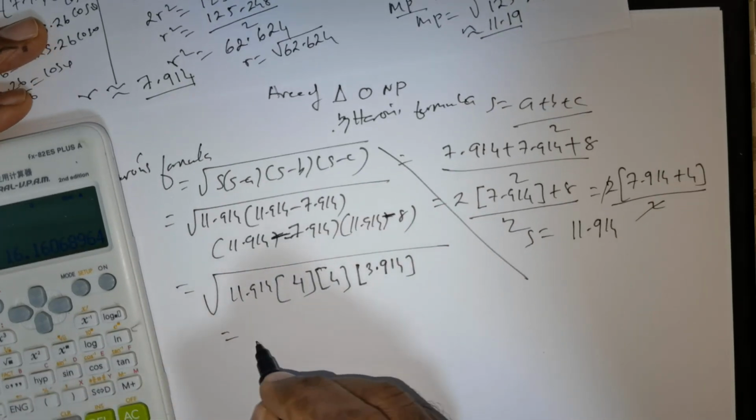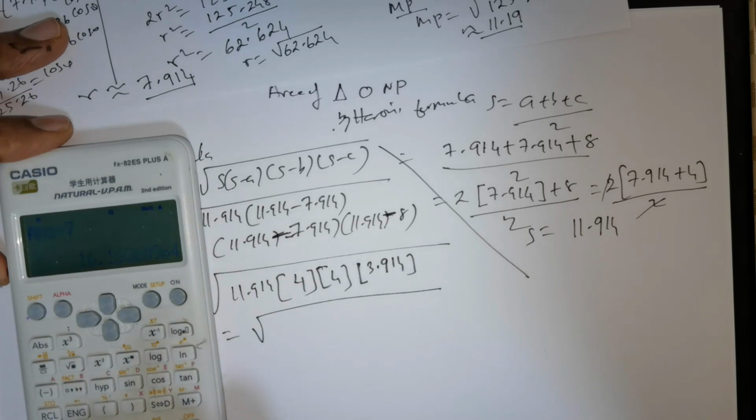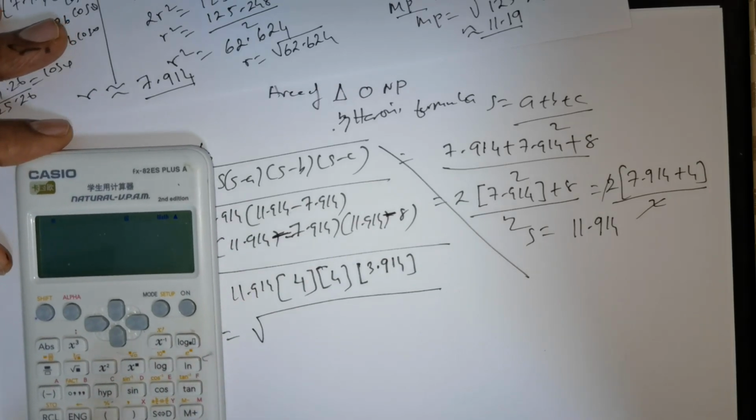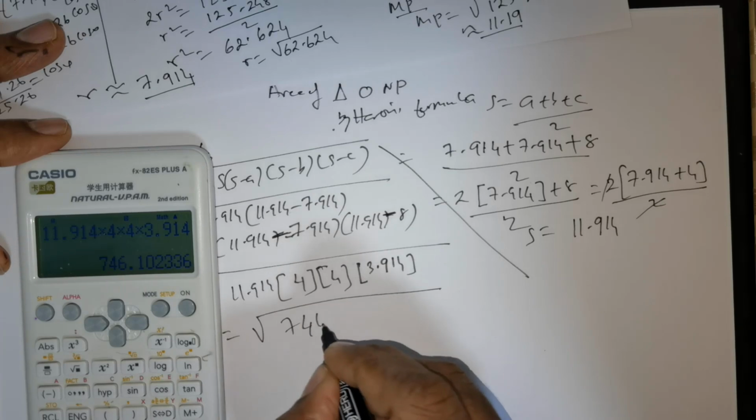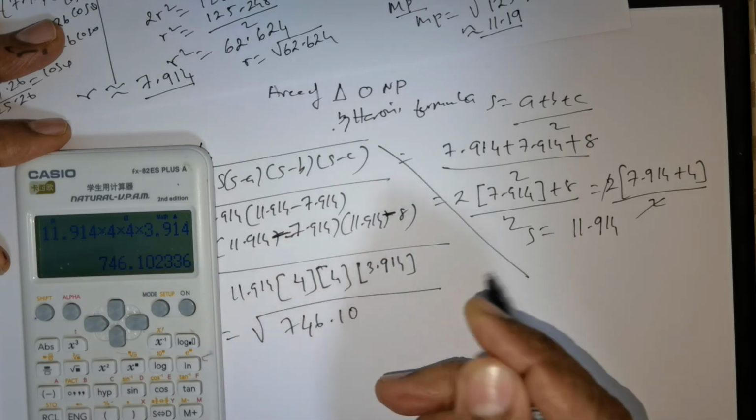So now this is equal to, use a calculator. I'm using a calculator. So 11.914 multiplied with 4 multiplied with 4 multiplied with 3.914. That is 746.10.